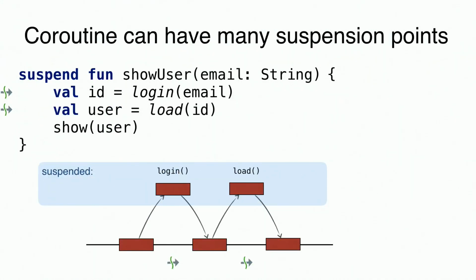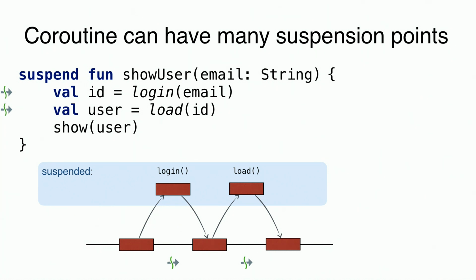If we look back at our showUser example, this one has many suspension points. Here we have two. Login is a network request, so it is a suspension point. When we run showUser from some coroutine, it first runs, it reaches the login stage, then when it waits for the results of the request, this coroutine gets suspended, and when it receives the results, it gets restored.